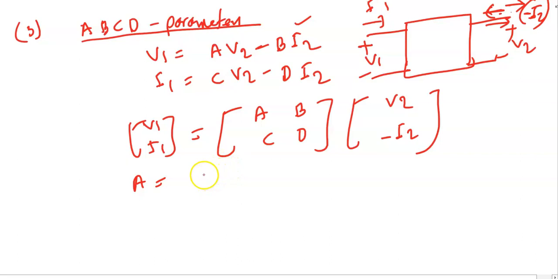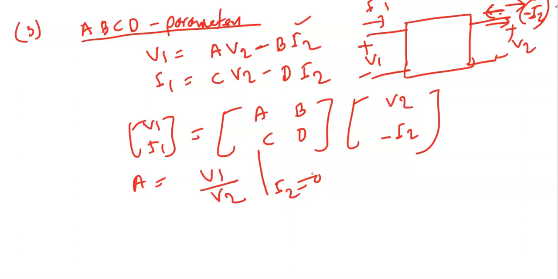So A equals V1 upon V2 when I2 equals 0. That is the open circuit reverse voltage gain.